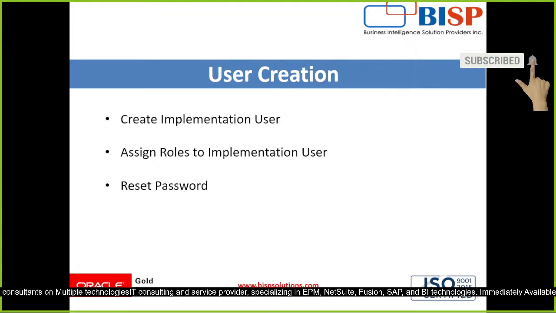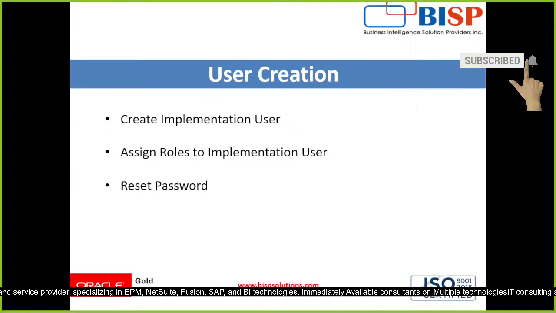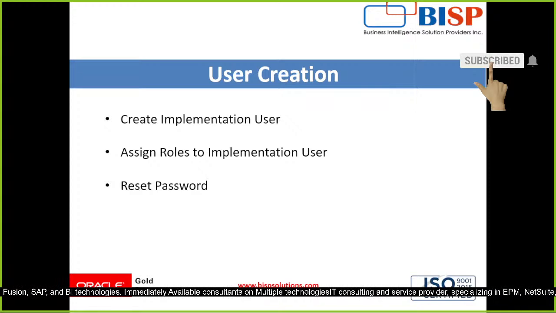For example, we create the enterprise structure, the legal entity, business unit, and primary ledger, and we can configure the financial related tasks, like creating the accounting calendar and the chart of account structure. The implementation user can also create the rules and configure the supply chain management related tasks.